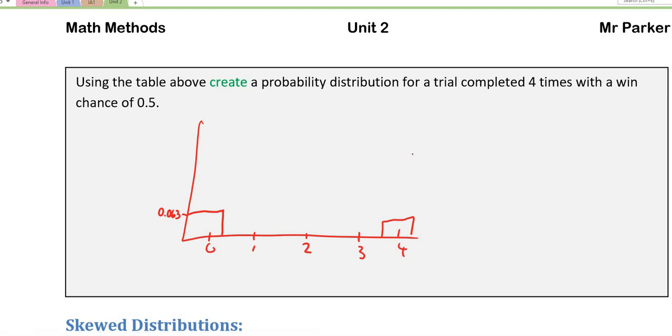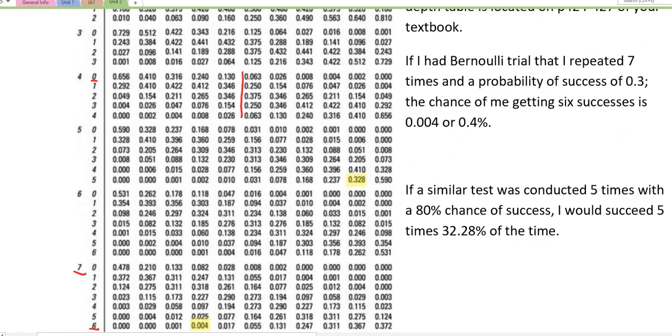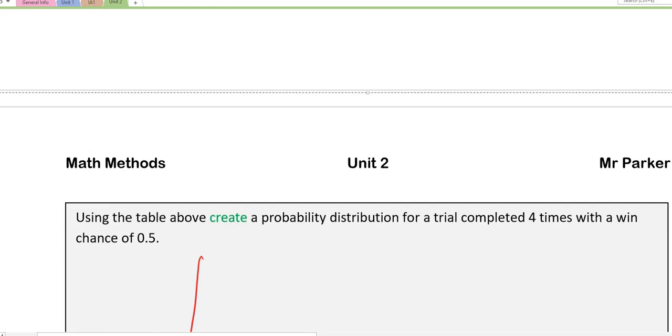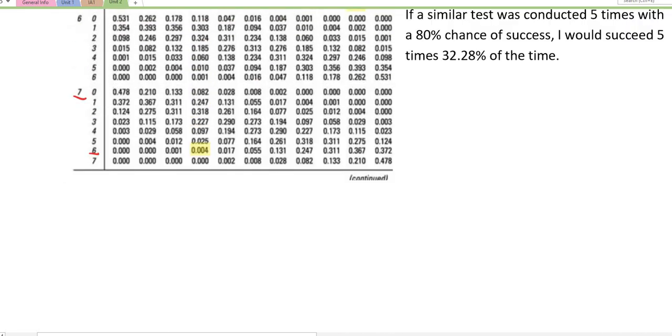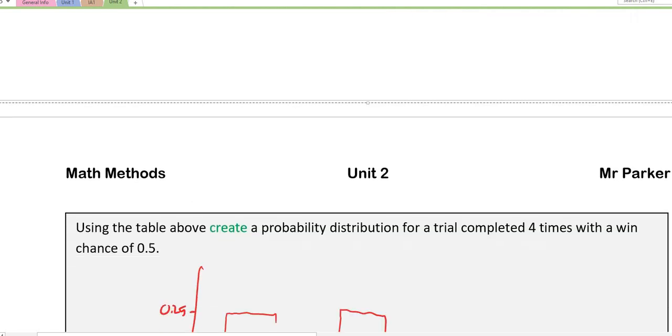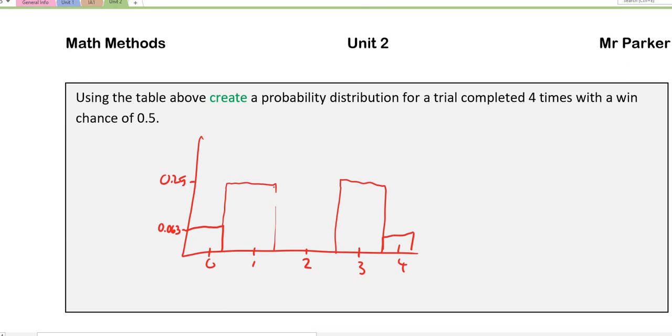What's my probability for those? 0.25, 0.25. And then for 2, 0.375, which is 3 out of 8, or 6 out of 16, which is what we found before.